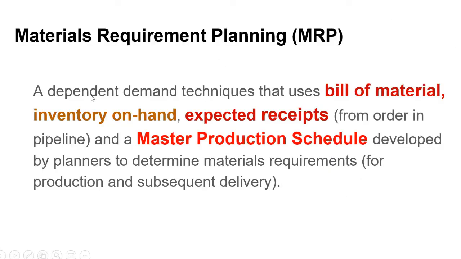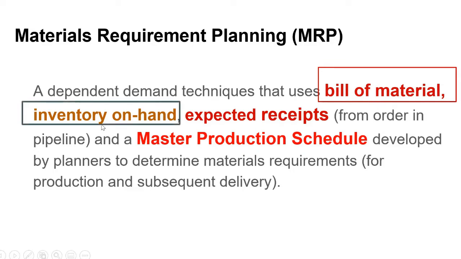But before that, MRP, Materials Requirement Planning, is a dependent demand technique that will have this bill of material. You need bill of material, or you need product structure. Basically, bill of material and product structure is similar, and you need information on inventory on hand.